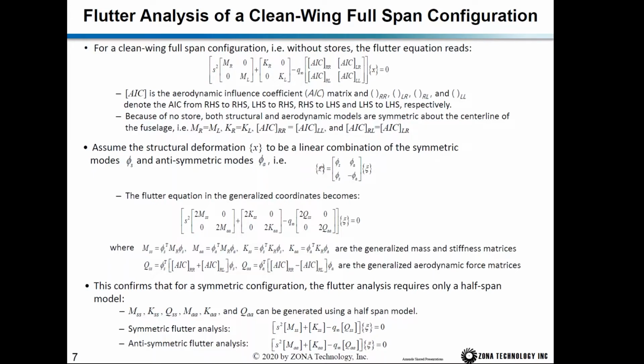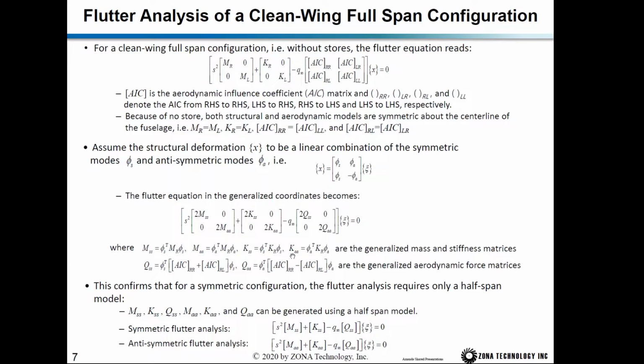Then we plug this equation back into that equation, and then we pre-multiply that equation by this modal matrix, and we end up with this equation, where MSS is the generalized mass of the symmetric mode, MAA is the generalized mass matrix of the anti-symmetric mode, and this is the symmetric generalized stiffness.